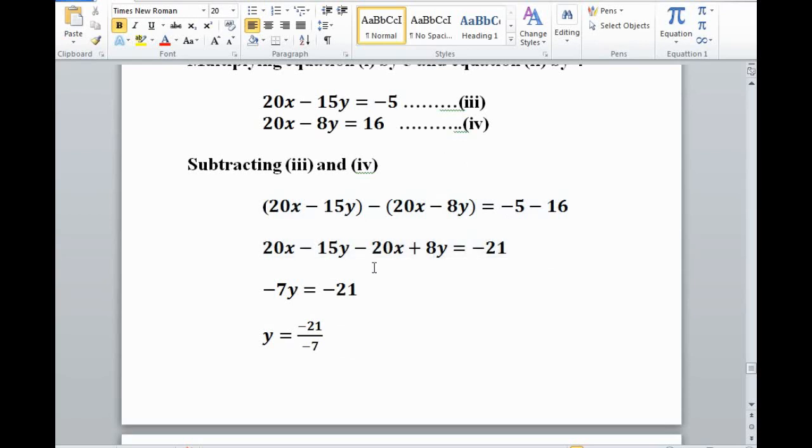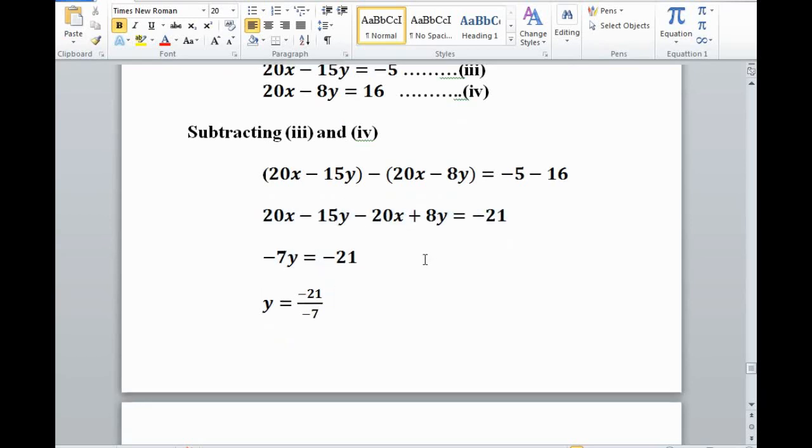And now on the left side we have positive 20x and -20x, so their difference is 0, and -15y plus 8y, their difference is -7y, equals -21 on the right side.